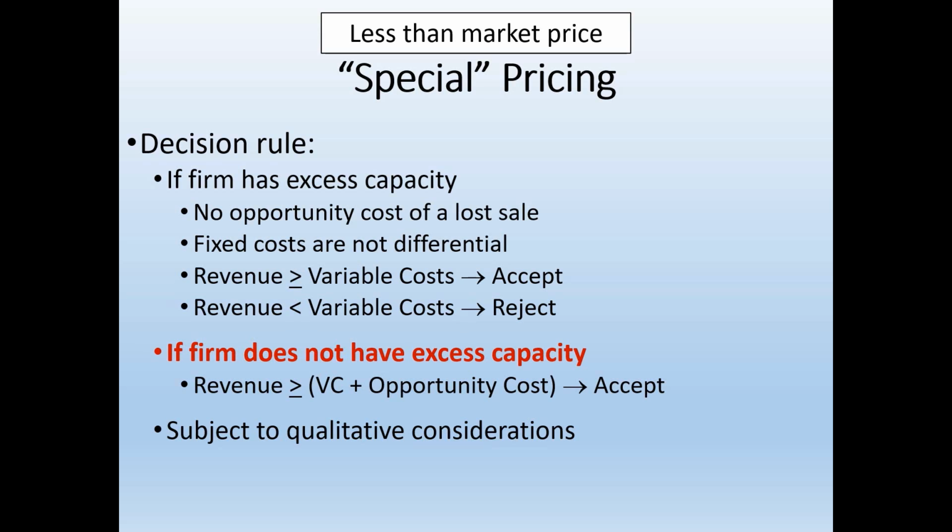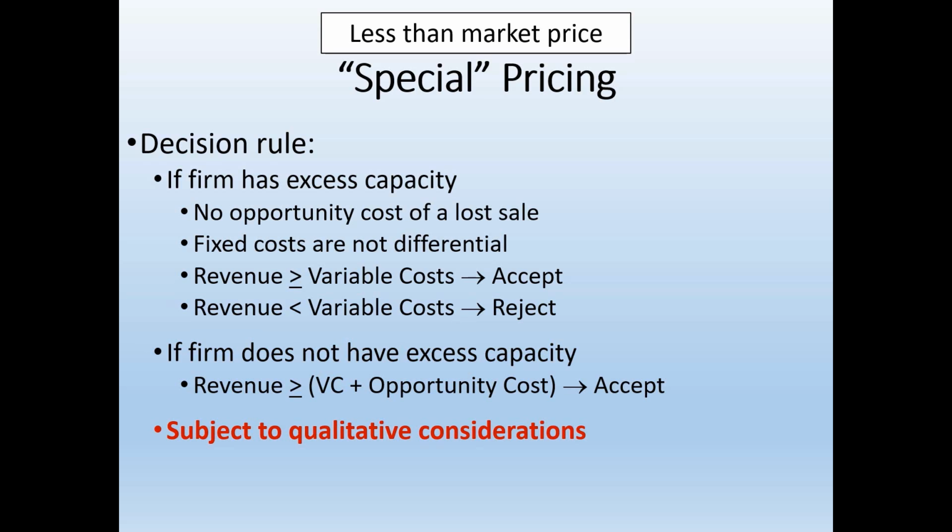The firm would have to give up the profit that it would have made on the regular orders in order to accommodate the special order. In that case, the revenue has to cover both the variable costs and what it is giving up in those regular sales in order to make accepting the order make sense.